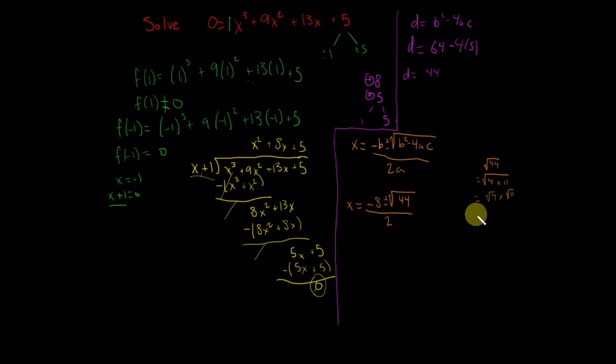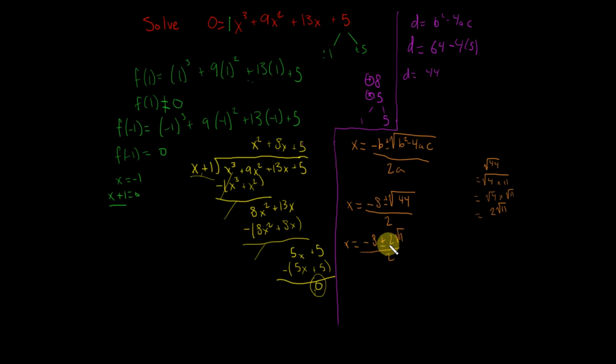And this is, remember, radicals, like simplifying roots. This is going to be 2 root 11. You could also write root 44 as 2 root 11. So x is going to be equal to negative 8 plus or minus 2 root 11 divided by 2.